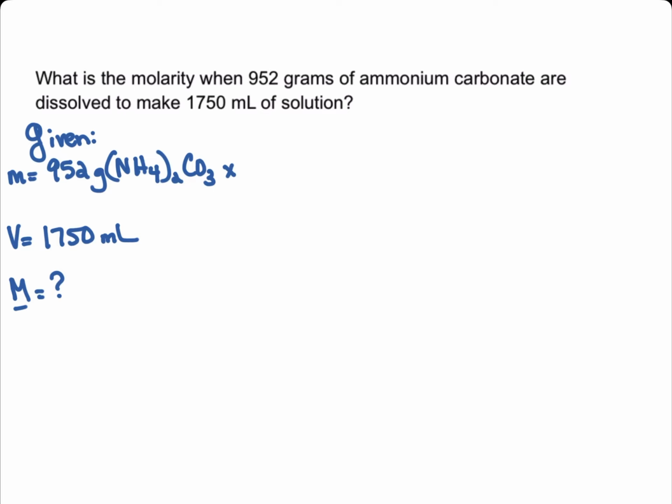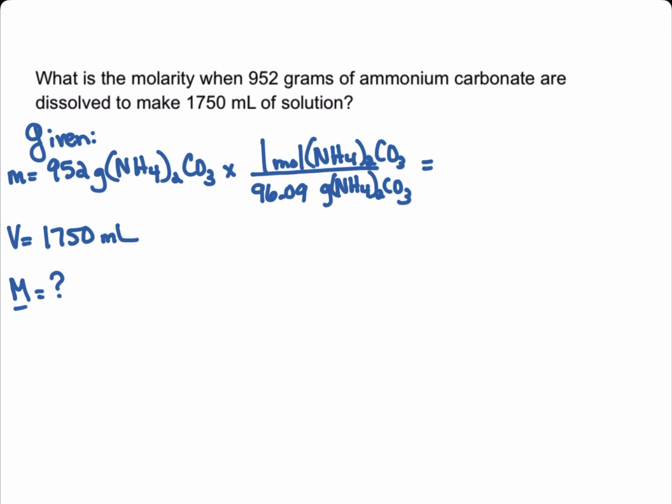So if grams is in the numerator, I can go ahead and put grams in the denominator. I can get that number from the periodic table, and this is equal to 1 mole of ammonium carbonate. My grams cancels out, and I'm left with moles of ammonium carbonate.